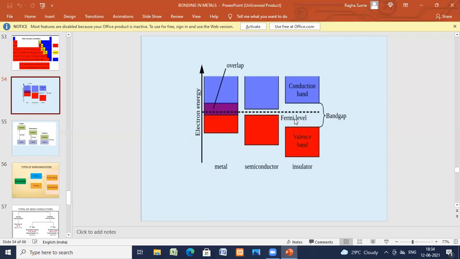Further increase in temperature results in generation of electron hole pairs due to the breaking of the covalent bonds, and the material tends to behave in an intrinsic manner. So the Fermi level gradually moves towards the intrinsic Fermi level Ei.